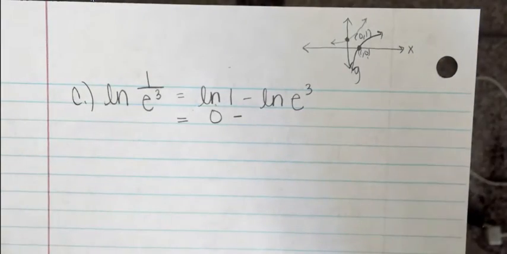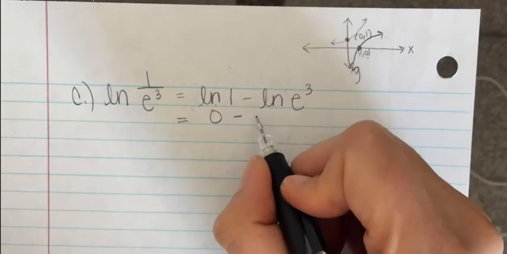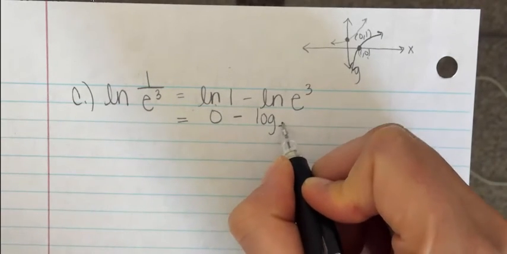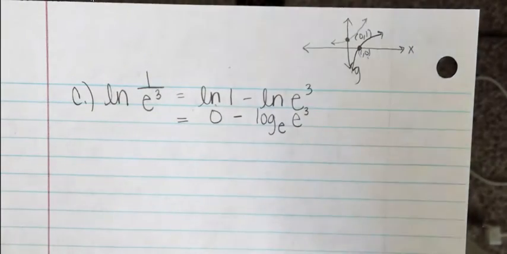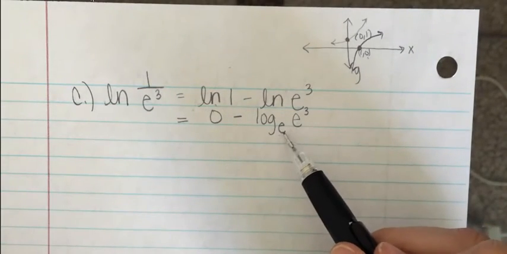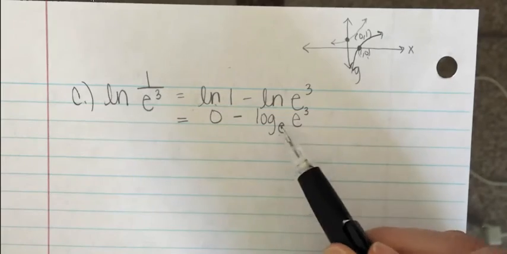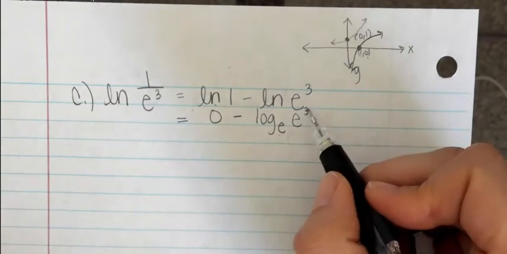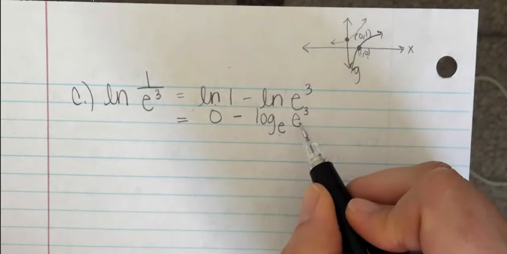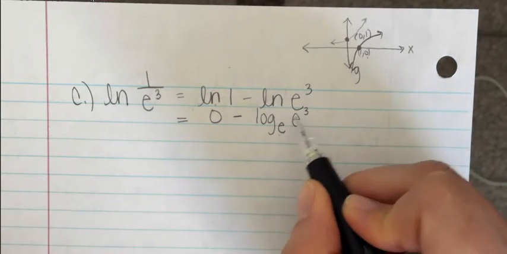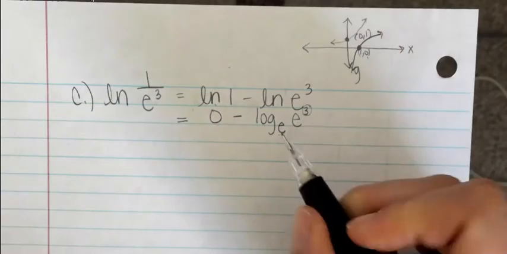Now from here, I could do a couple of things. But let me remind you that ln is really just log base e of e cubed. So notice I got like bases. I got an exponential being plugged into my logarithm. I could use my power rule if I wanted to, bring that 3 down. Or I could just say to myself, these are inverses, so the input is what I'm left with.